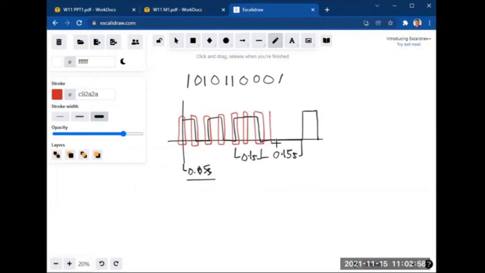Oh, we have two ticks in here. Lastly. So that's for the measurement of every 0.05 seconds.